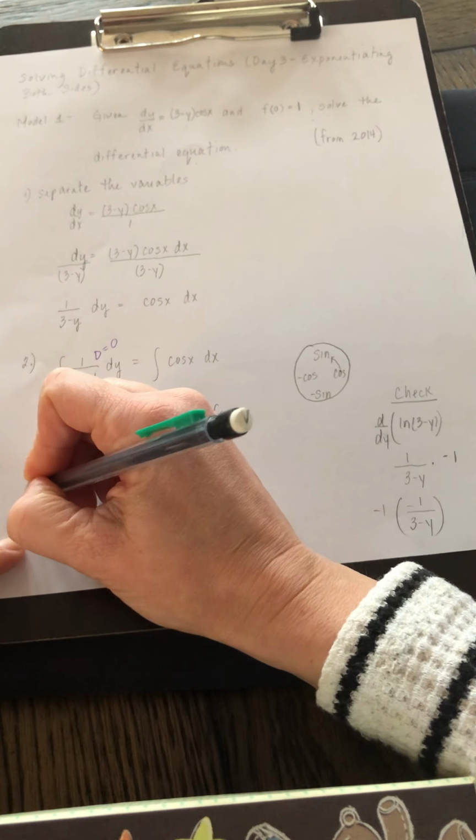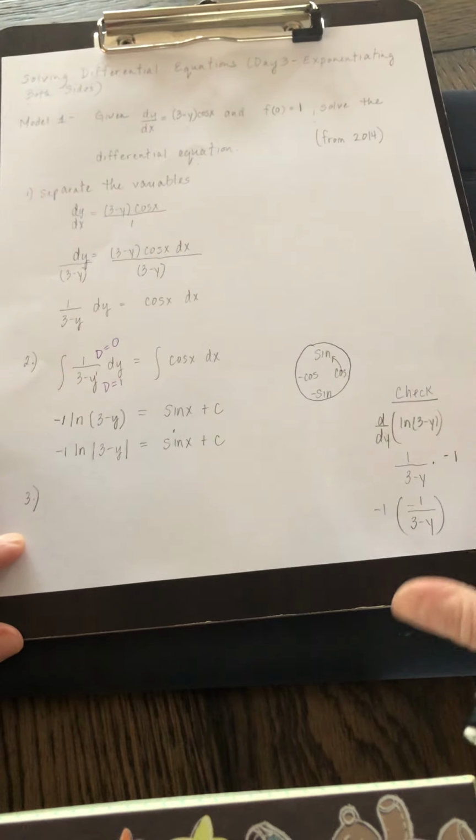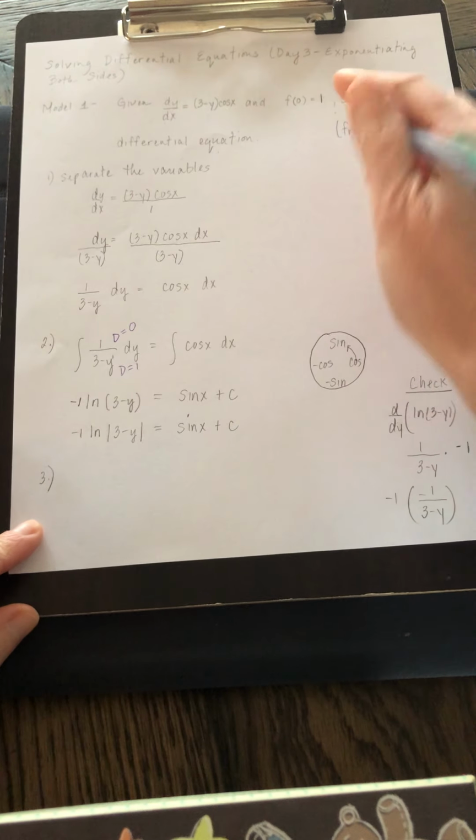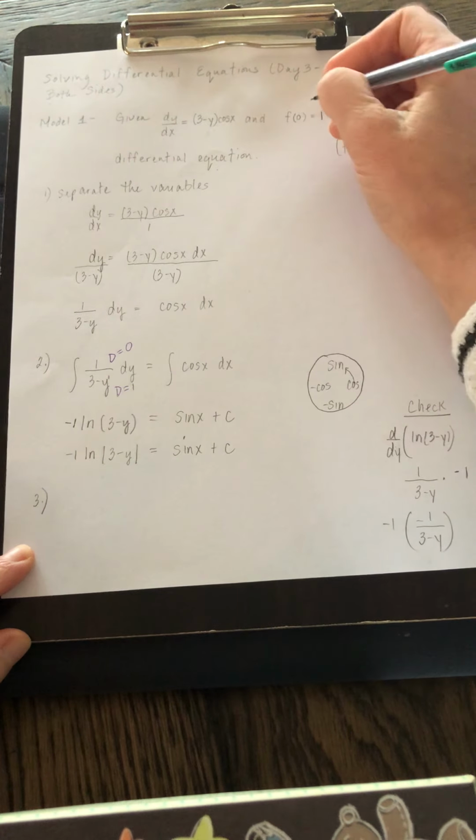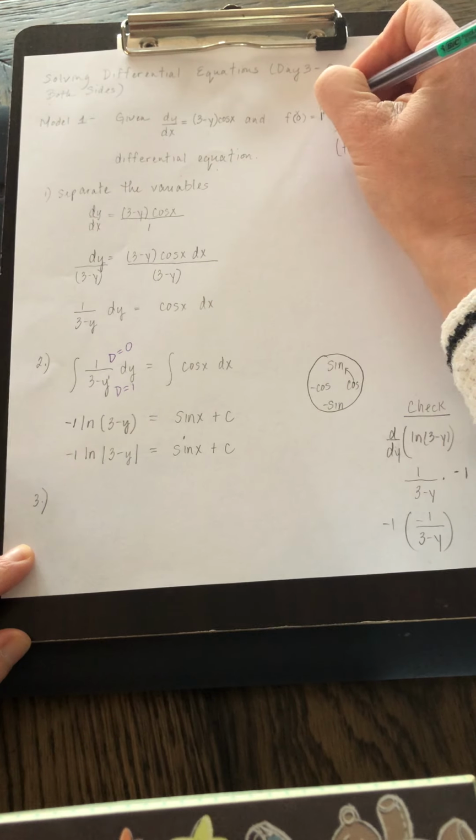Now we're on to step 3, which is to find the c value. So we were given an initial condition where x is 0 and the y is 1.